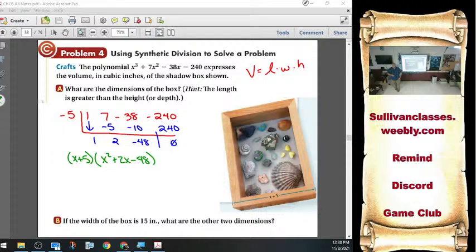Well, I don't have to go that far. Factor it. Right? Length times width times height. I need three things. If I need three things and I've already got one of the things, break this into two different things. What factors of negative 48 add up to 6? X plus 8, x minus 6.